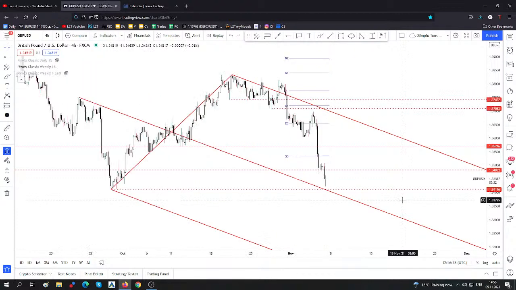Right now we have a confluence area here at the intersection of the median line with 1.3411. We'll have to wait, because failing to reach the median line could signal potential growth in the short term, or a bullish pattern here could bring us long opportunities. I really believe that only taking out these support levels could signal a larger drop.